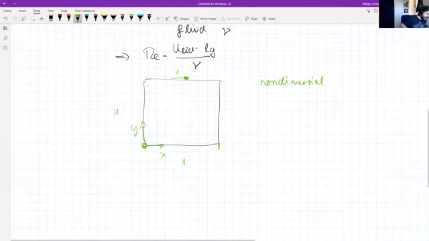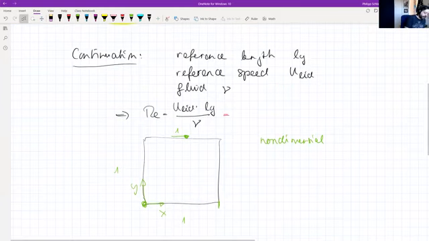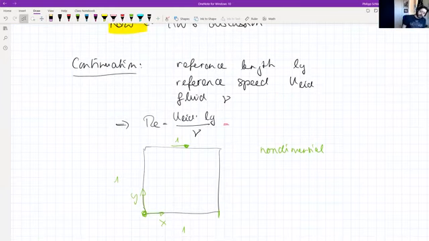I would just like to add one more comment regarding the Reynolds number. Of course, you know the definition of the Reynolds number as being a speed times a length divided by the viscosity. If you figure out the dimension of that, you will see that this has dimension of 1, so it has no physical dimension. That's why the Reynolds number is an ideal scaling parameter for us.